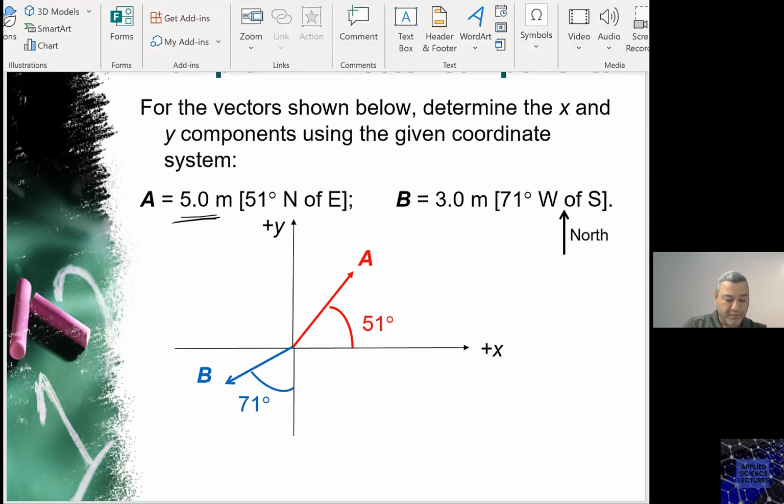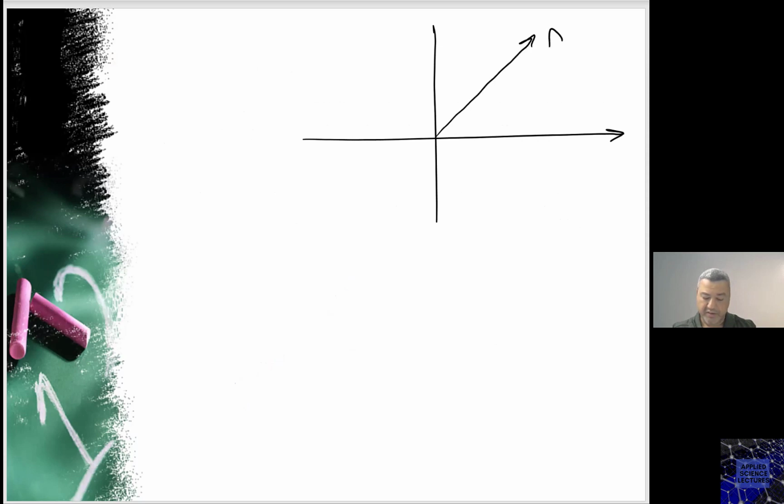If I am to calculate those components, then I will draw those vectors here. So this is A, and this is 51 degrees, and this one is B, 71 degrees.